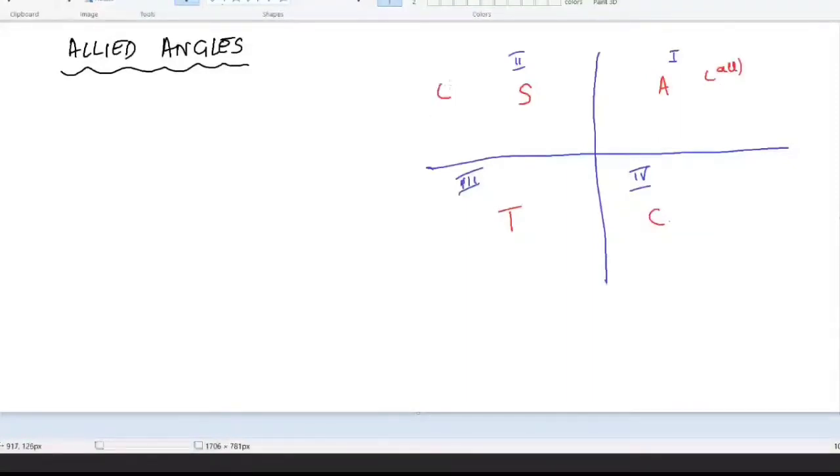In the second, sine and its reciprocal. I repeat that word, reciprocal. Don't get confused between the reciprocal word and the cofunction word. In the third quadrant, tan and cot are positive. In the fourth quadrant, cos and secant are positive. So this is the second step we need to understand.